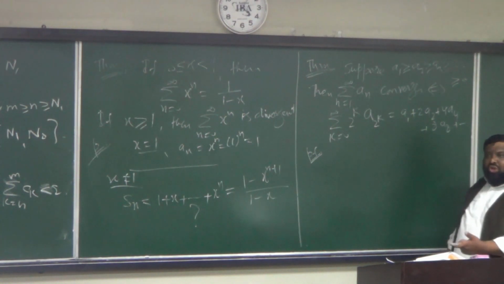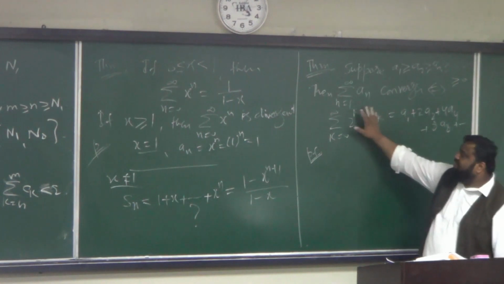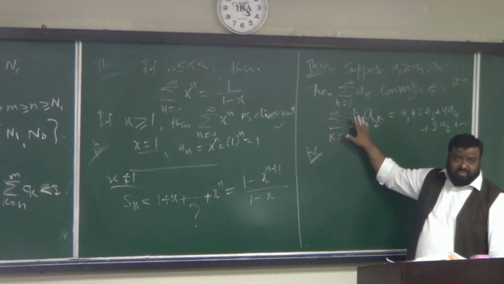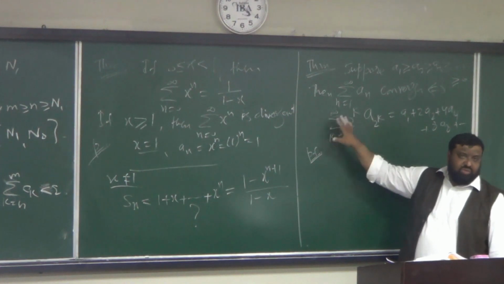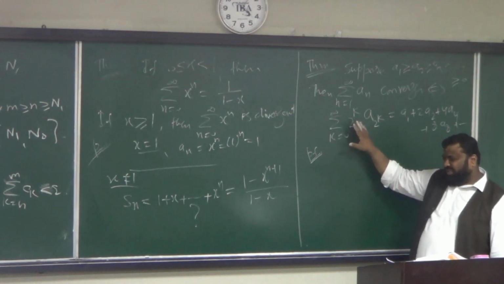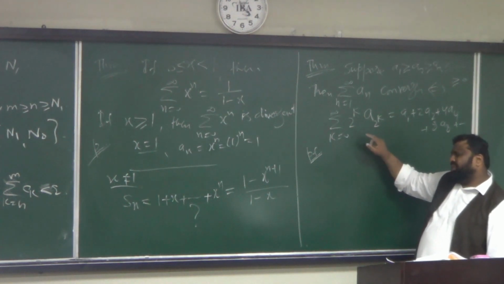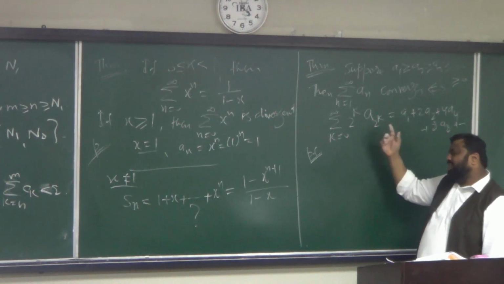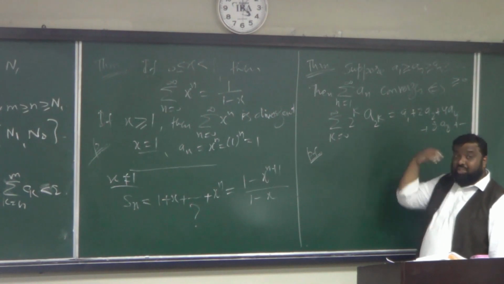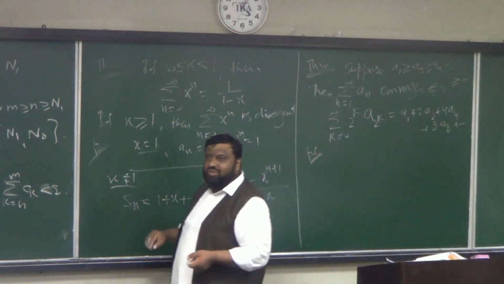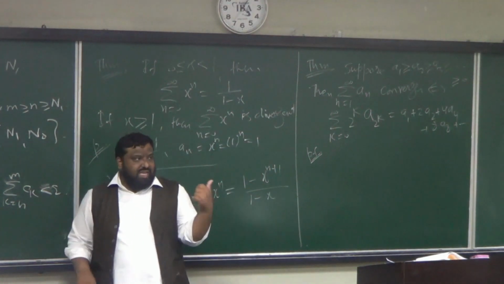So what can I show about this series? If the sequence of partial sums from this series is bounded, then we just prove that it is bounded. So done, I can apply that previous result.